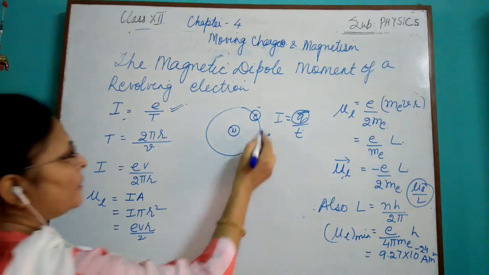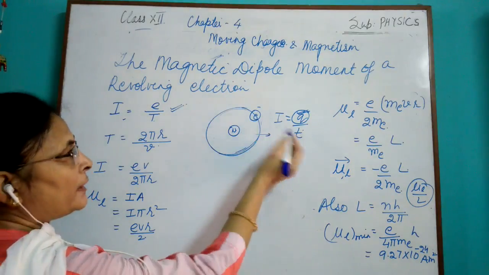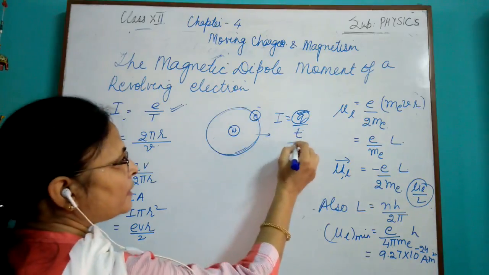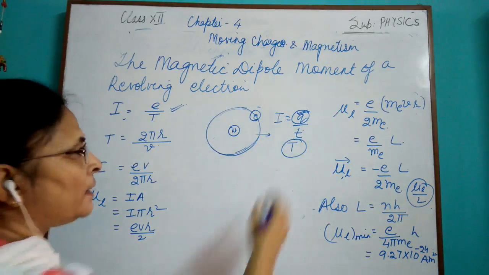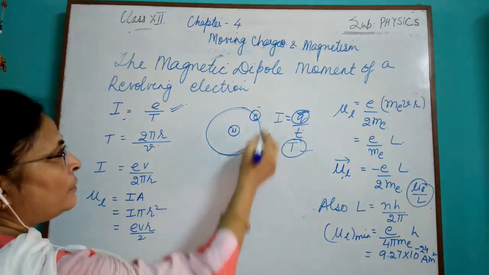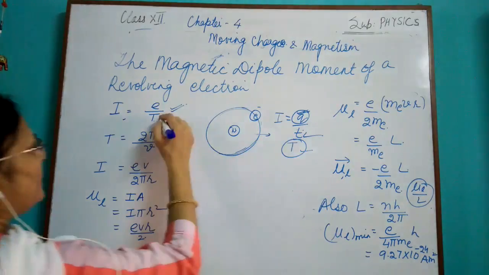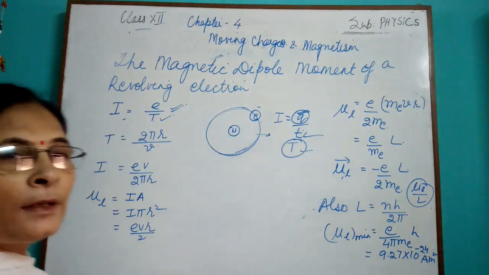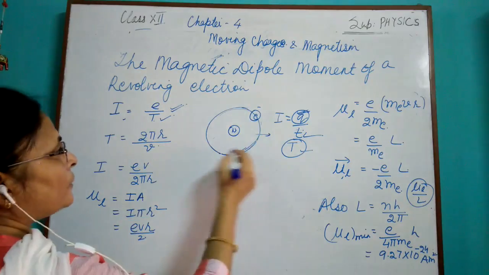We are talking about one revolution, so small t can be replaced by capital T. You can take it as the time period, the time taken by the electron to go around the nucleus once.